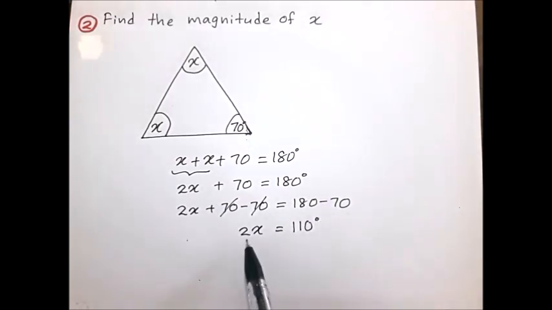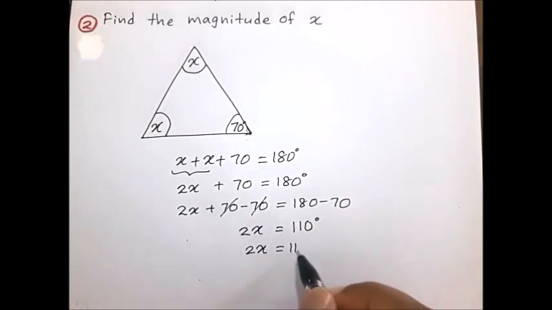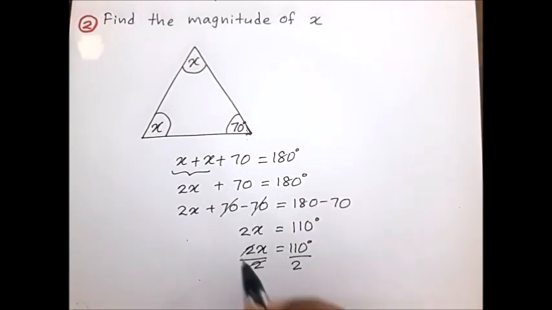Now how can you find the value of x? You have to remove this 2. Divide both sides by 2. Then you can cancel 2. 110 divided by 2 is 55 degrees. This is the answer for the second example.